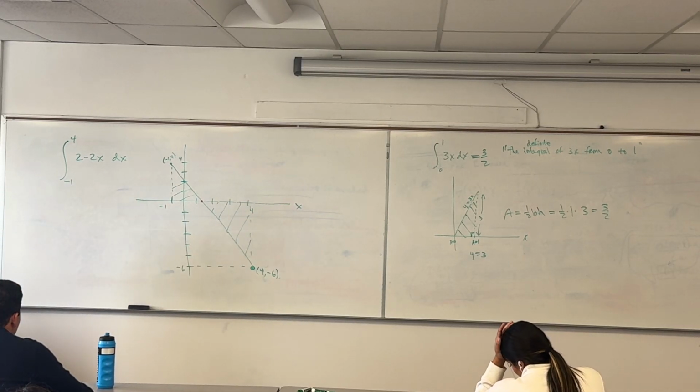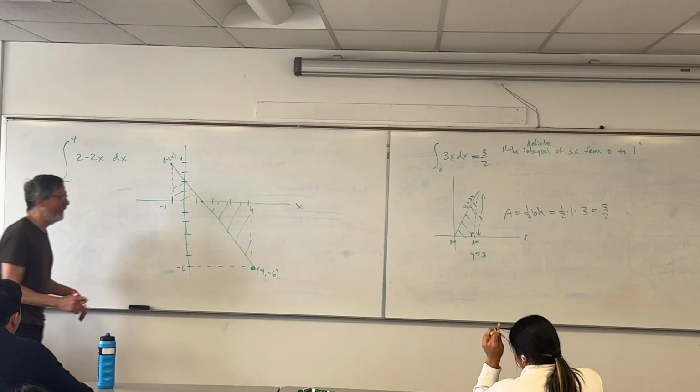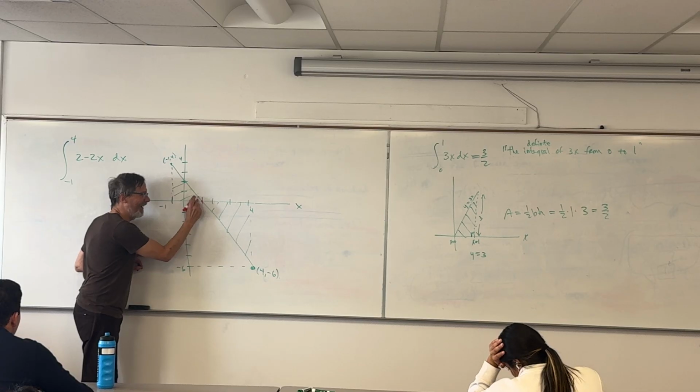Well, I think my graph is pretty shitty. What is that x coordinate? Should be one, right? Yeah, should be one.